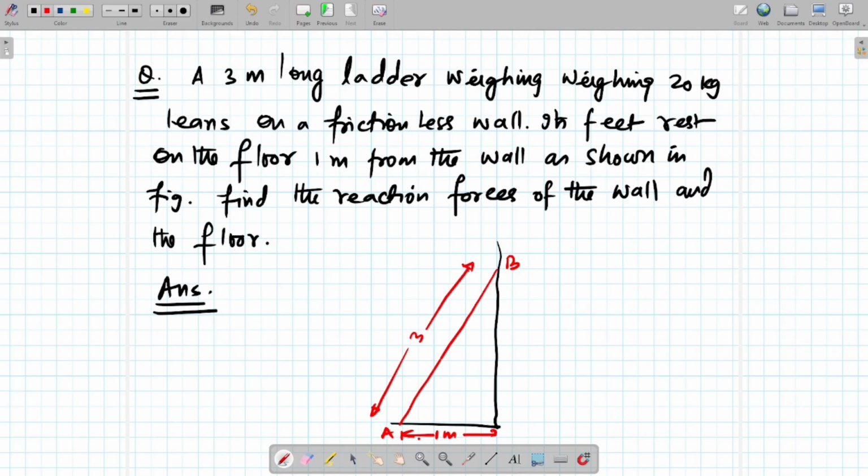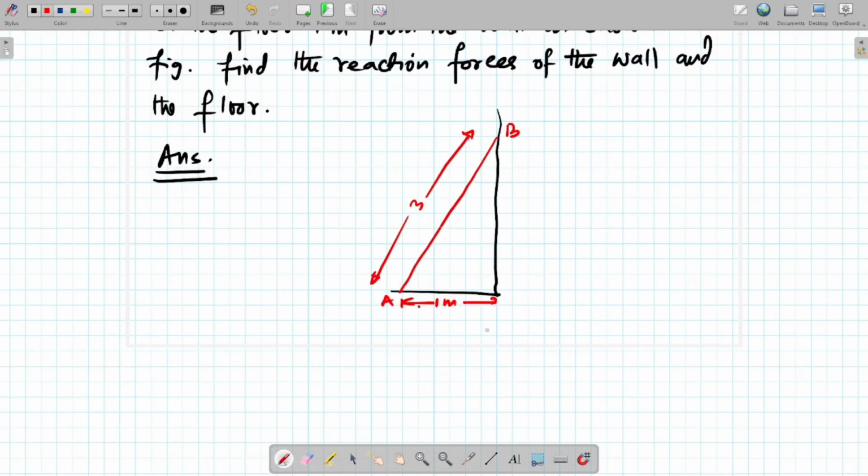So what are the various forces? First thing is that you have to know what are the various forces that are acting. How will you analyze? Obviously, you won't be able to analyze anything unless you visualize the issue. One way is that the reactionary force from the wall would be capital N. Right?